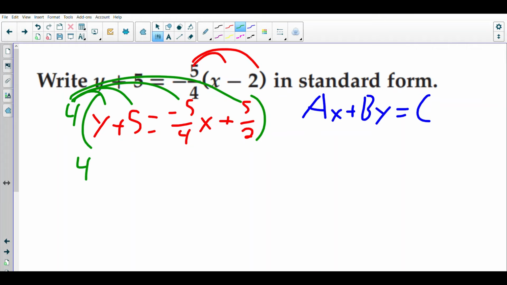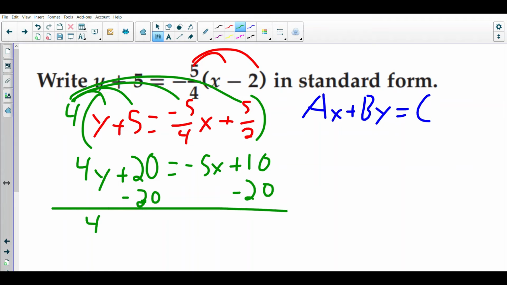So I get 4y plus 20 is equal to negative 5x plus 10. And so now what I'm going to do is move all the x's and the y's to one side and the non-x's and y's to the other side. So I'm going to subtract 20 here.